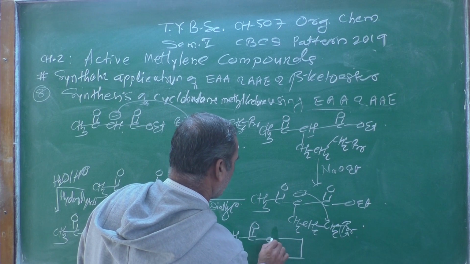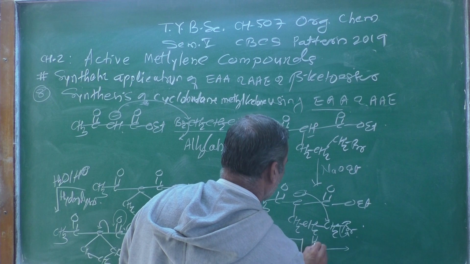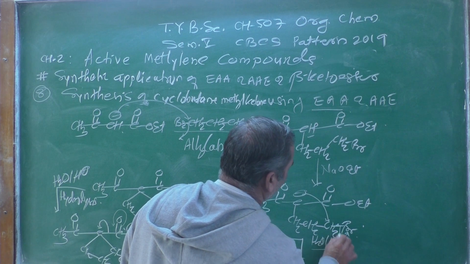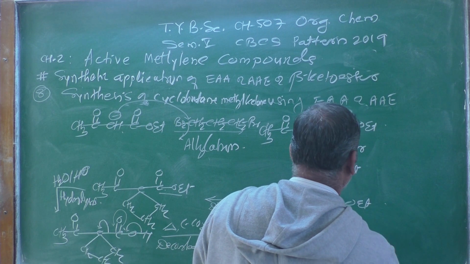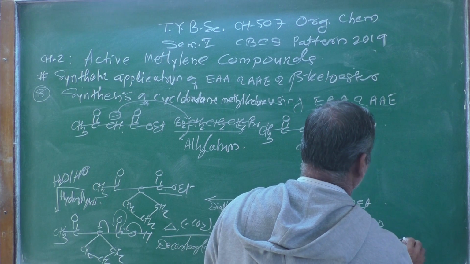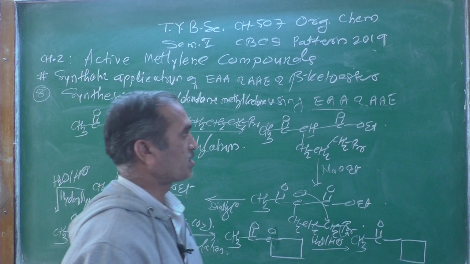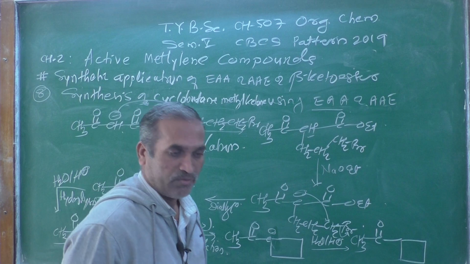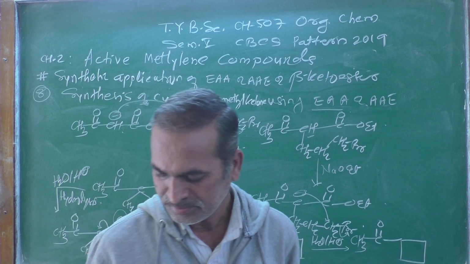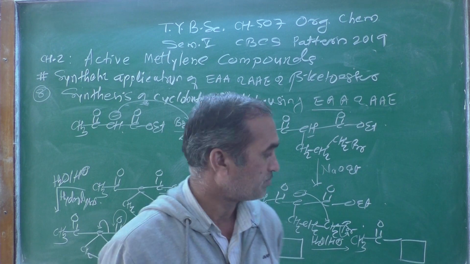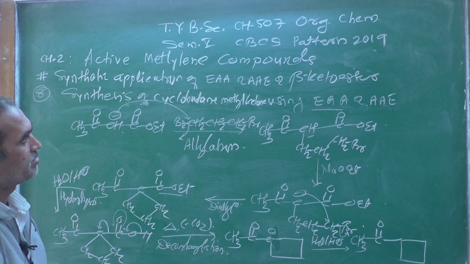Here is a negative charge, and then there will be a protonation, H2O in the presence of H plus, and finally you will end up with CH3, C double bond O. This is a cyclobutanone structure, which is our target molecule or the final product. So in this way we can prepare this compound by using this process. This is one of the applications.